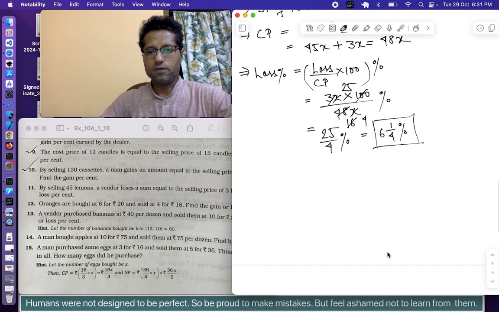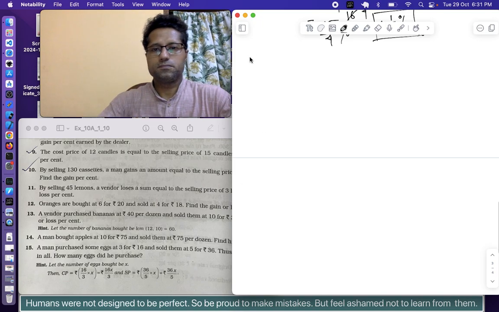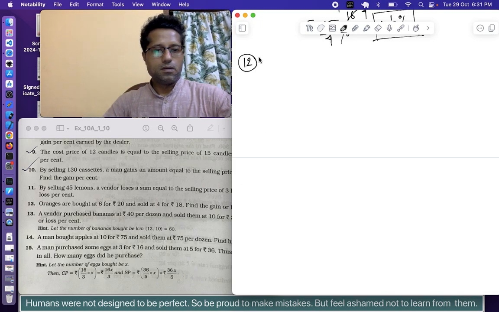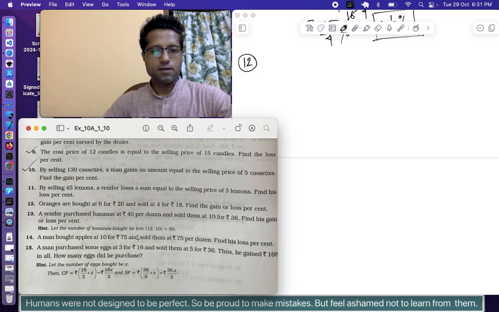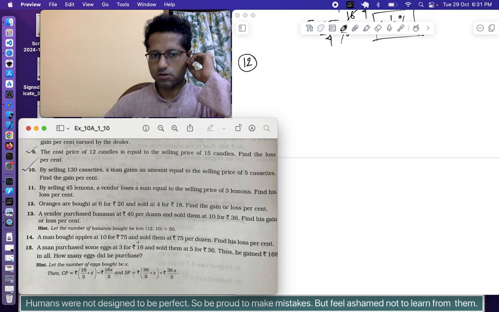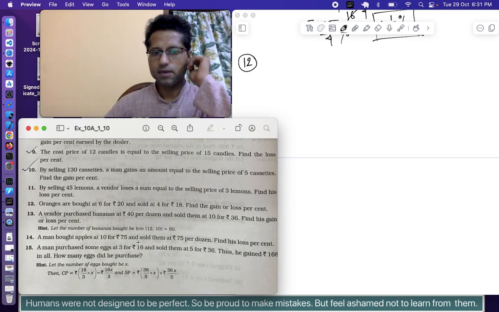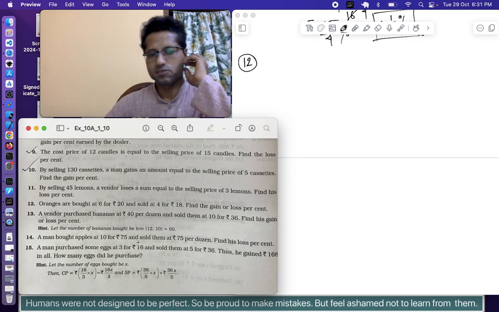Okay, let's solve question number 12. Oranges are bought at 6 for rupees 20. That is, the cost price of 6 oranges is rupees 20, and sold at 4 for rupees 18. That is, the selling price of 4 oranges is 18. Find the gain or loss percent.